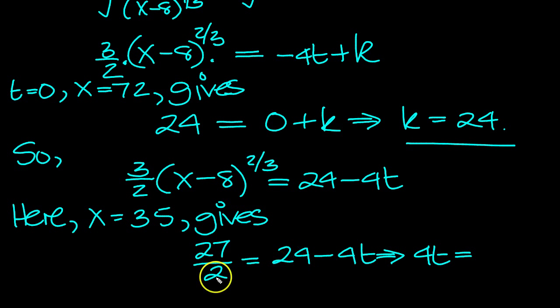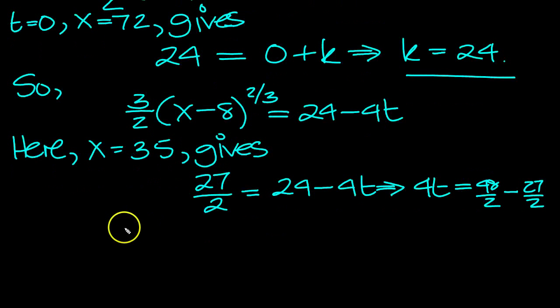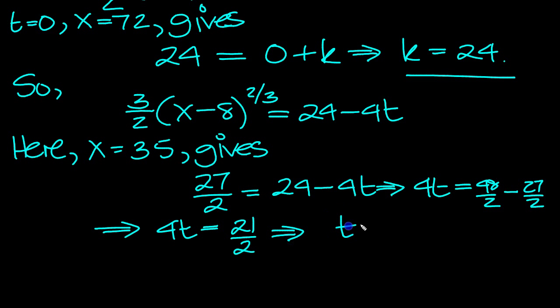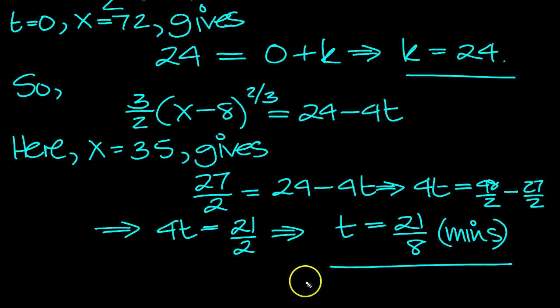Write this as halves, so it's 48 over 2, that's the 24, and then move this over to be with the 24, so it's minus 27 over 2. That tells us that 4t is equal to 21 over 2. Finally, move the 4 from times to divide. t is equal to 21 over 8, minutes, time units anyway. So there's the time when it gets down to 35 centimeters.